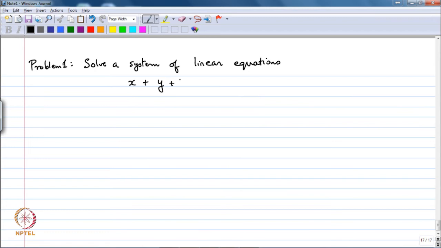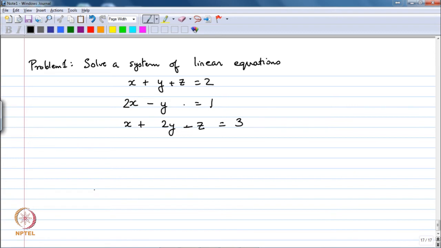Let us take the system: x plus y plus z equal to 2, 2x minus y equal to 1, and x plus 2y minus z equal to 3. Suppose you want to solve this system of equations and get the values of x, y, z.